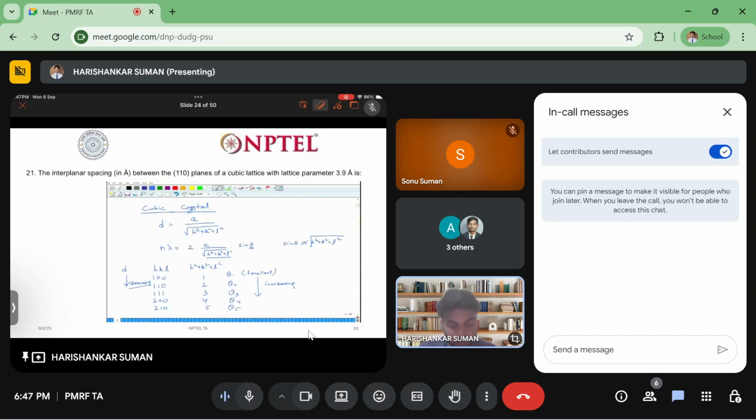Next question: the interplanar spacing d between the 110 planes of a cubic lattice with lattice parameter 3.9 angstrom is.